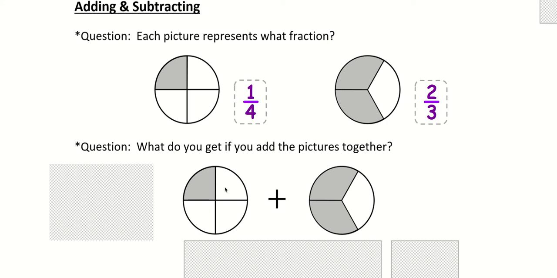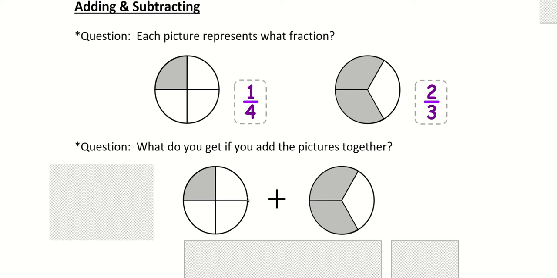Okay, what do we get if we add these two pictures together? If it helps, what if these were literally pizzas? And you had this much of a pizza, like 1/4 of a pizza, a slice this size, and 2/3 of a pizza, basically one giant piece this size.